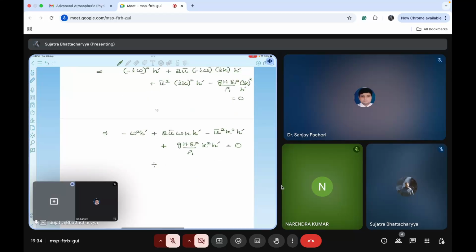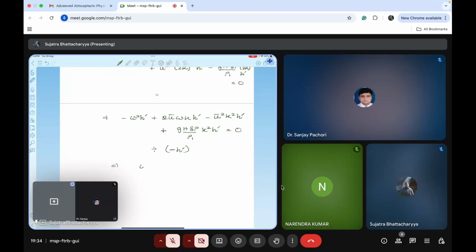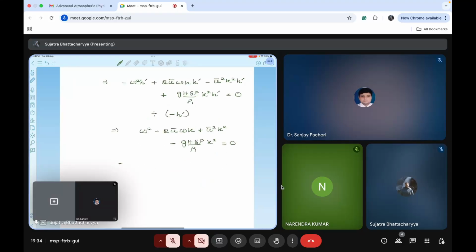So divide by minus h'. If you do that, you get ω² minus 2ūωk plus ū²k² minus gh Δρ/ρ1 k² is equal to, again, we write this as (ω minus ūk) whole square minus gh Δρ/ρ1 k² equal to 0.